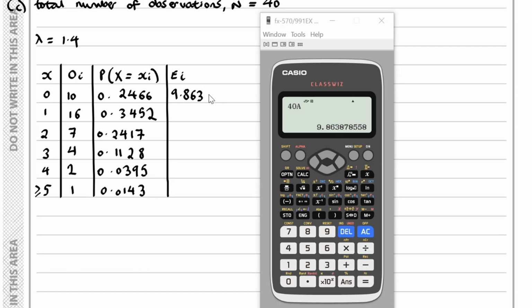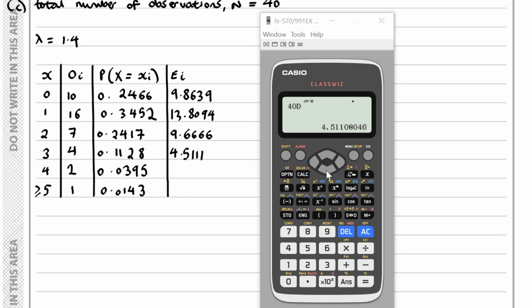For the next one, we have 40 times B, so we have 13.8094. And then for the next one we have 40 times C, which is 9.6666. Then we have 40 times D, which is 4.5111.